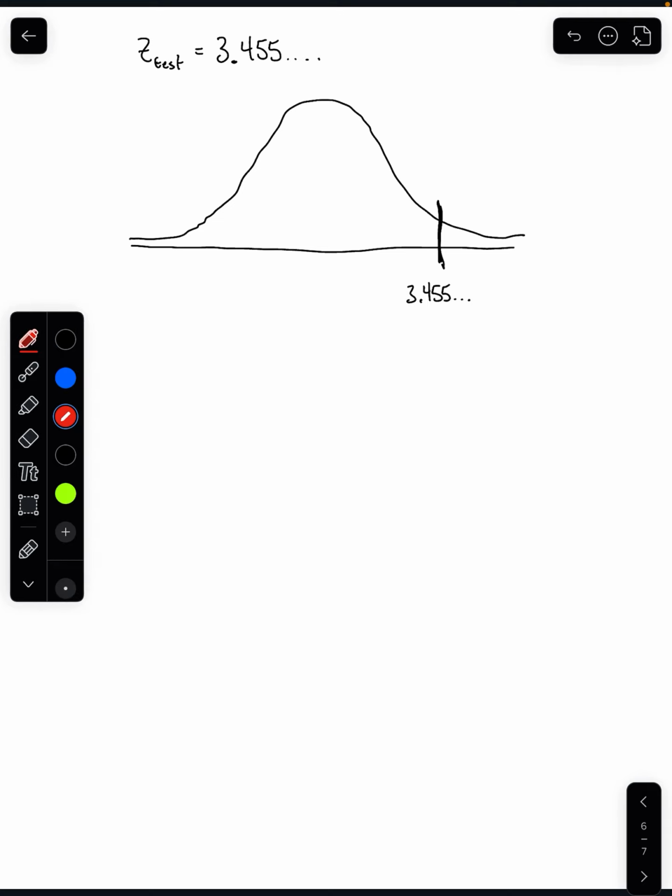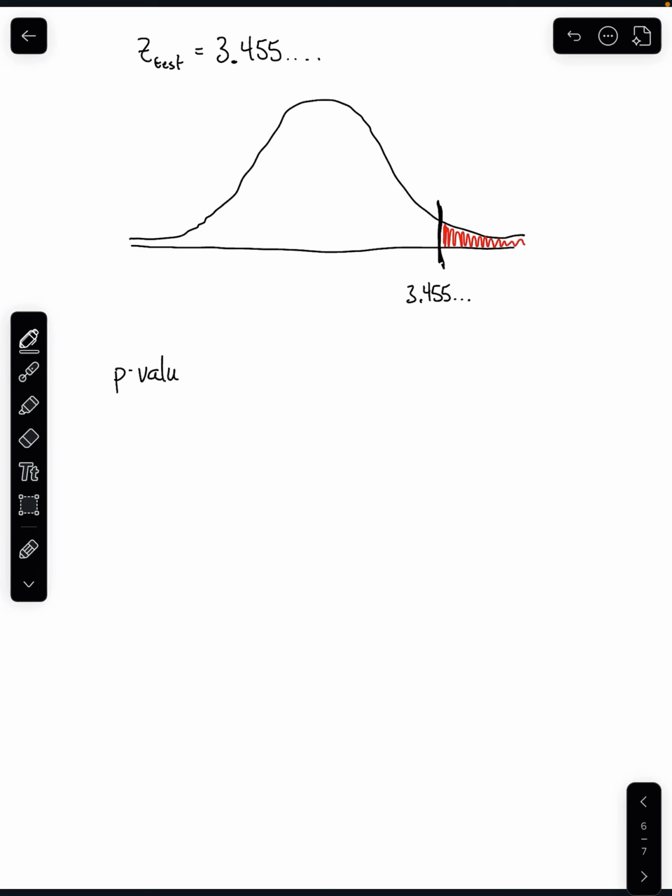And our p-value, since this is a one-tail test to the right, would simply be the area in that tail and nothing more. Our p-value is going to be equal to the probability of getting a z-score greater than 3.455. What's the probability of getting something even more extreme than what we actually got?